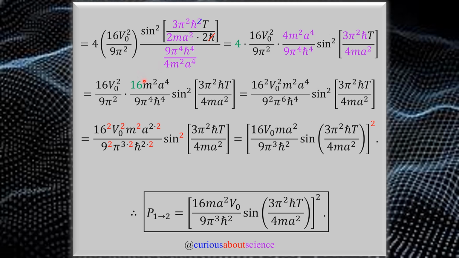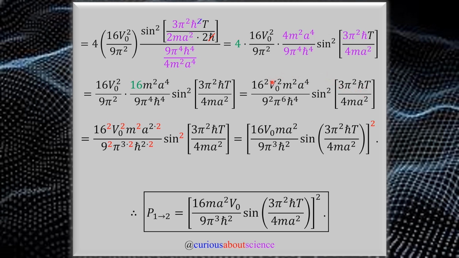Okay, so once we do that, we see that we get a 16 here. We see m squared, a to the 4th, 9 pi, so we just combine all the like terms. So we have a 9 squared, a 16 squared, v0 squared, m squared, a to the 4th, 9 squared from this and this. Pi goes to the 6th power from adding 2 and 4. And then we have h bar to the 4th, and then sine squared of everything here.